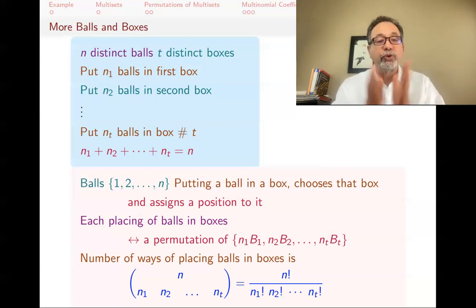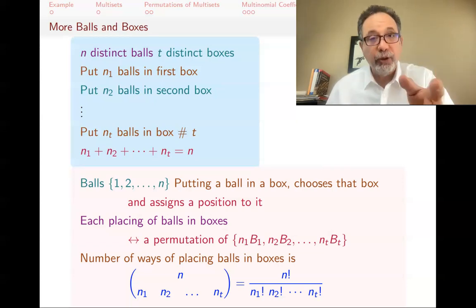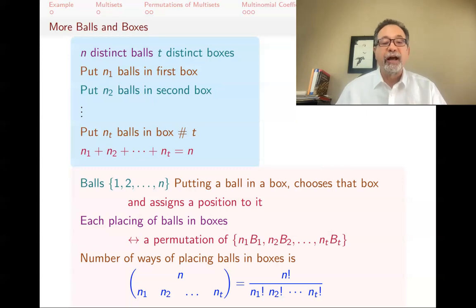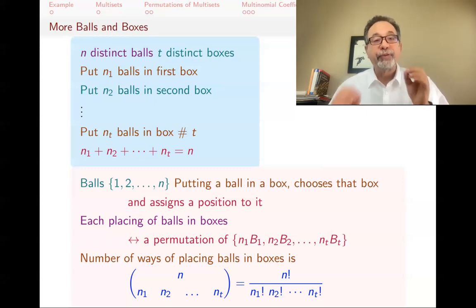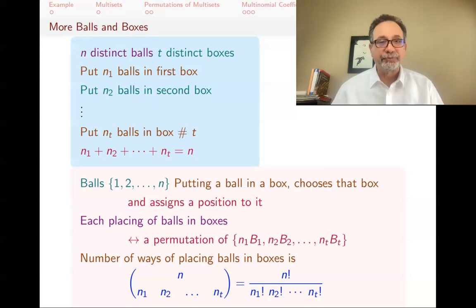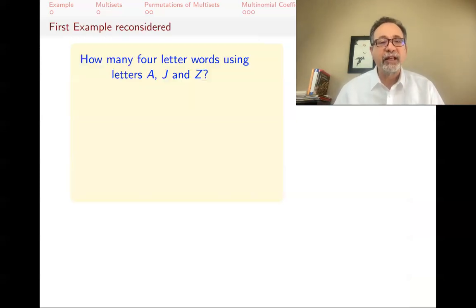But the point is that you can translate this specific balls and boxes problem to the question of permutations of a multiset with repetition numbers N1 to NT, when you want a permutation of that size. That's the end of this lecture.